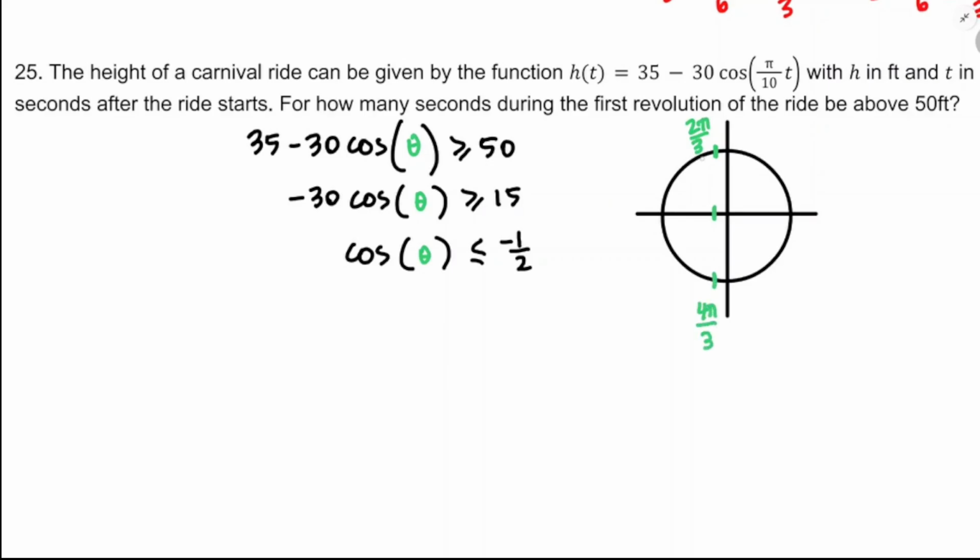When cosine is less than or equal to, I don't know why I keep saying or equal to. It said above, so I think that probably means strictly greater. Okay, and again, theta equals pi over 10 t. This is going to be a little nicer to solve. So I'll say either 2 pi over 3 equals pi t over 10, or maybe 4 pi over 3 equals that.